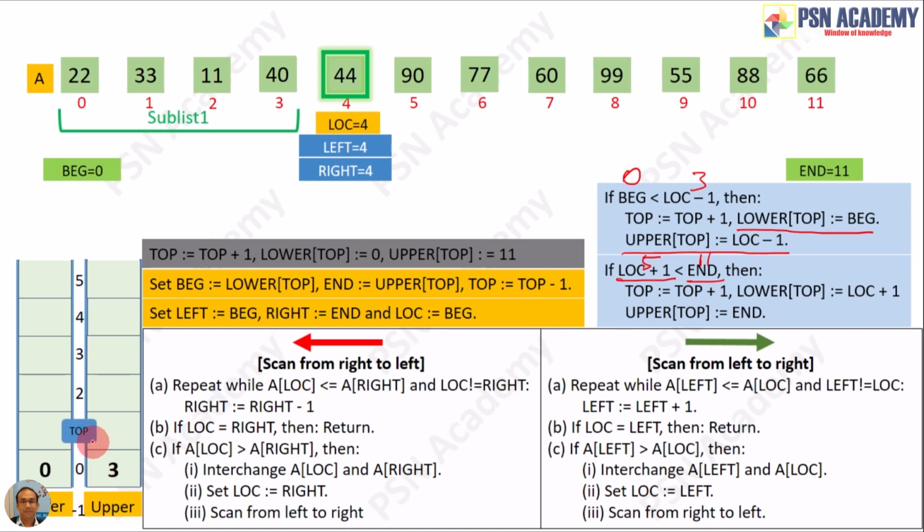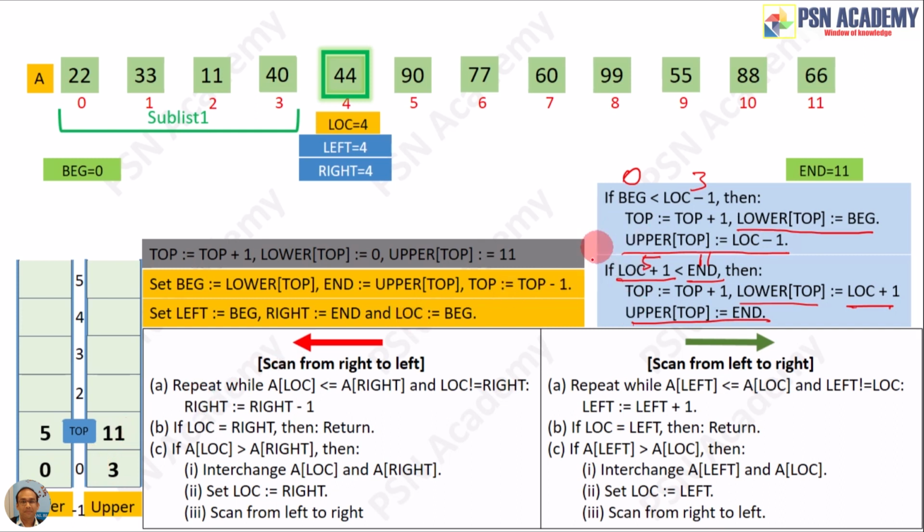So increment top over here. So top comes at 1, and you set lower top with LOC plus 1 and upper top with end. So lower top will be 5 and upper top will be 11. So this is another list. So your stack is actually giving you the list and their indexes.